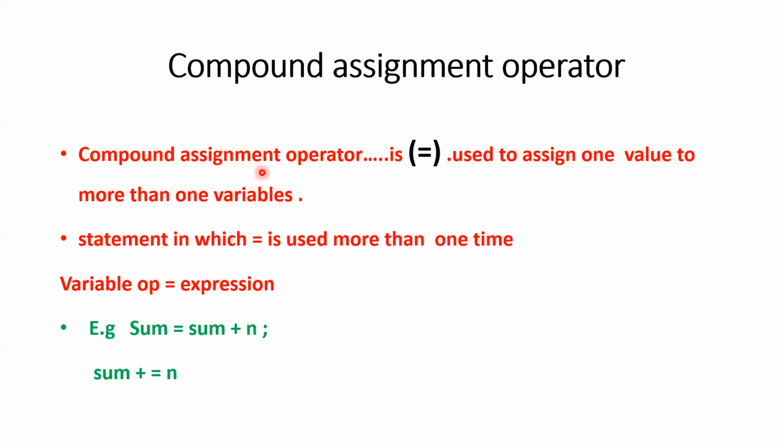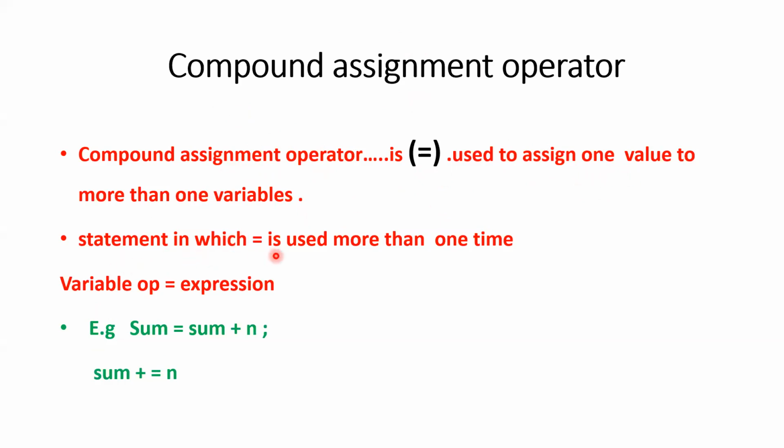Compound assignment operators also use the equal to sign to assign one value to more than one variable. Clear? Basic assigns only one value at a time, but compound, as the name says, means more than one. ठीक है? Assign one value to more than one variable.